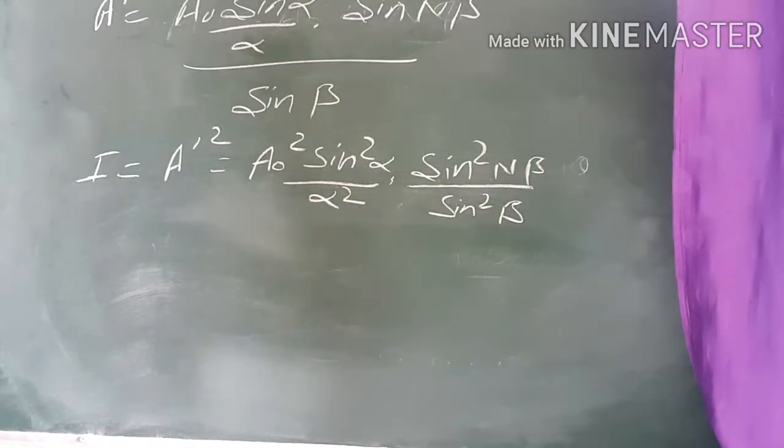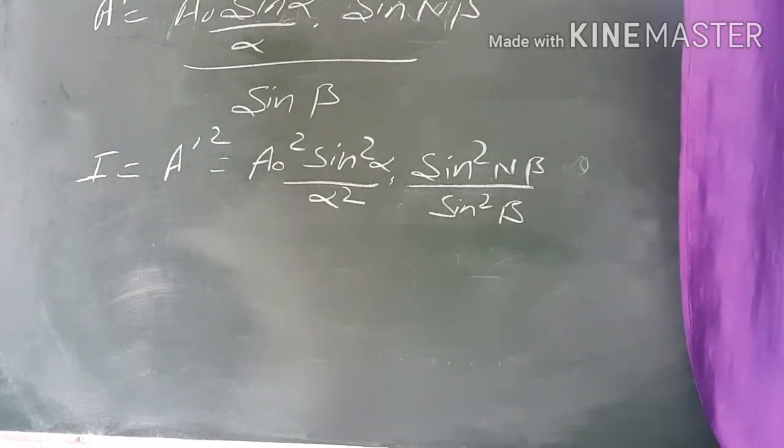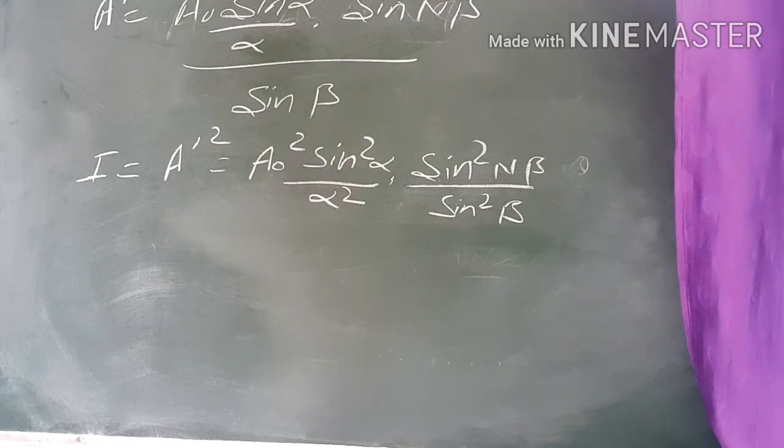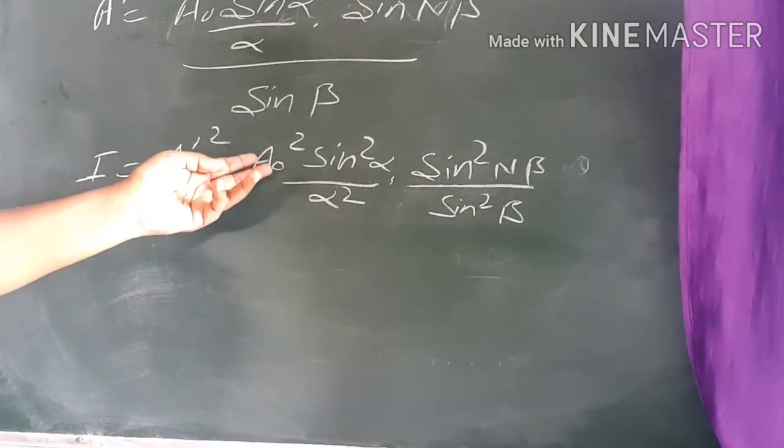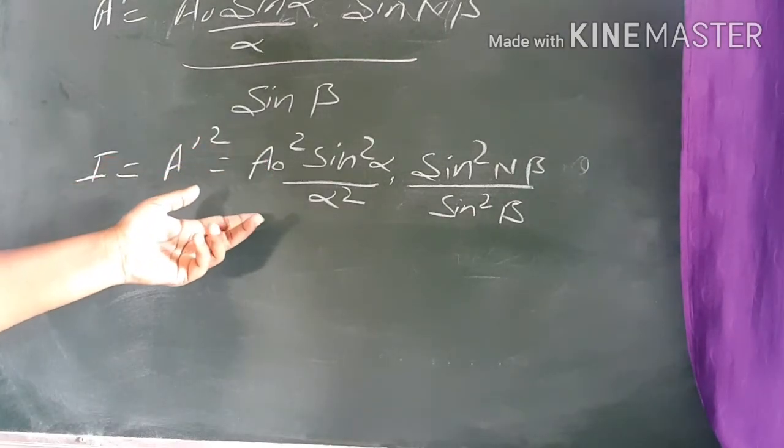This is the resultant intensity at any point Q, and the central point is equidistant, so the central point is again bright in this case also.